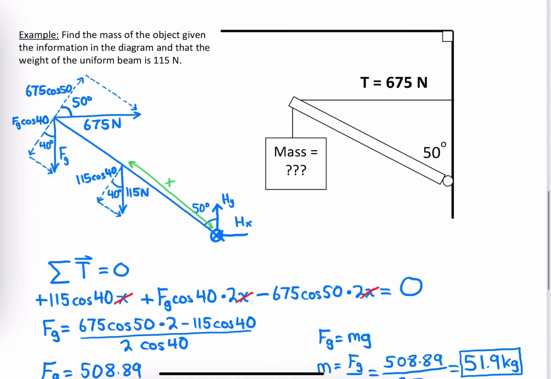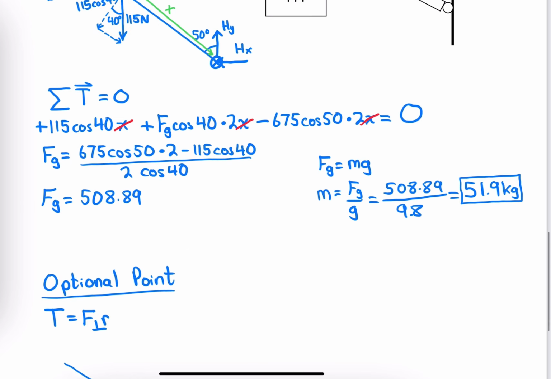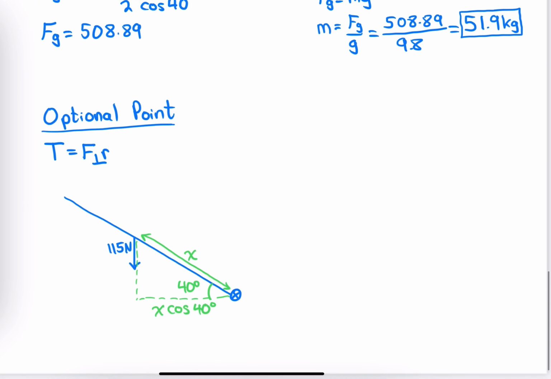And up here, it was 115 cos 40, because we split the force into components, times x. So we got the exact same result two different ways. One by splitting my force into components, and another one by splitting my distance into components. It doesn't matter which way you do it, as long as you end up with a force and a distance that are perpendicular to each other.